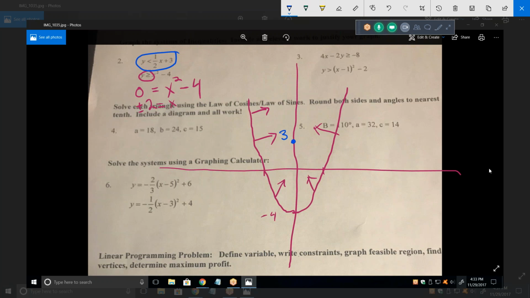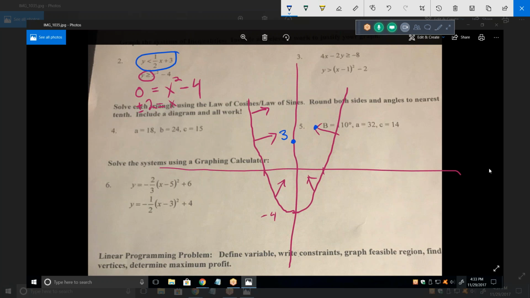Notice that if I go up 1 and over to the left, that's not correct. So over doesn't distinguish between right and left. So I definitely have to go to the right. And the easiest way to remember it is just make sure when you're done you have a positive slope. Is this a dotted line or a solid line?